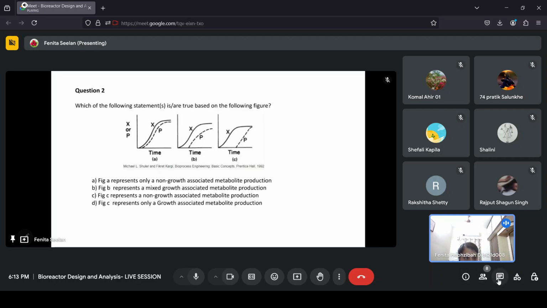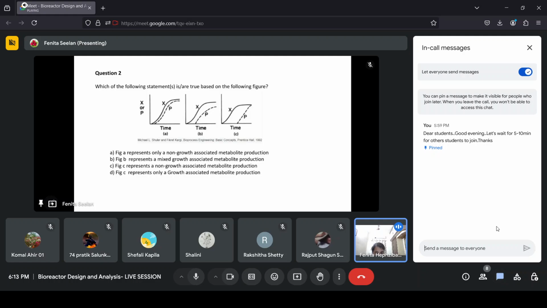If you can, even type in the chat box the options. No need if you are not feeling good about talking. You can just type in the answers in the chat box. Anybody?